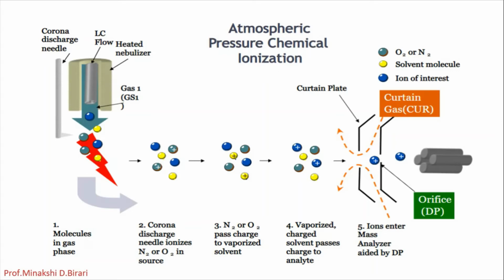The sample ions are then accelerated out of the atmospheric pressure source and into the mass analyzer by application of a small voltage, typically 20 to 70 volts, to the skimmer cone. The pressure differential between source and analyzer regions is maintained by the presence of an area of intermediate vacuum. During the ionization process itself, little energy is transferred to the sample molecule and fragmentation is minimal. So, APCI is a soft ionization technique.